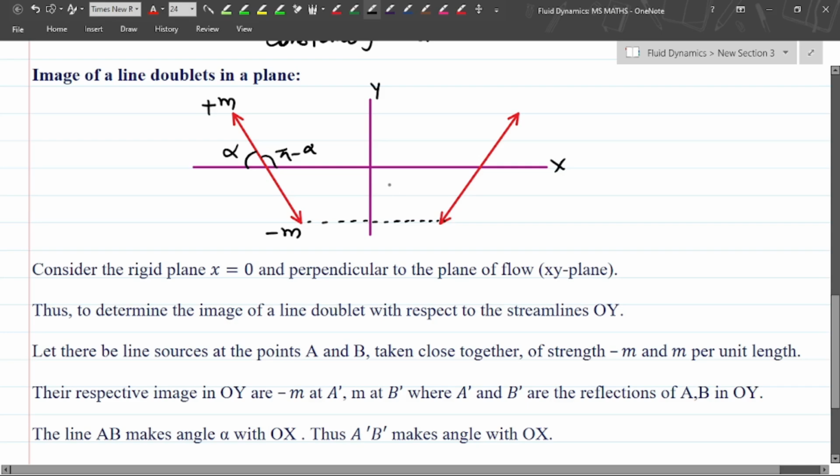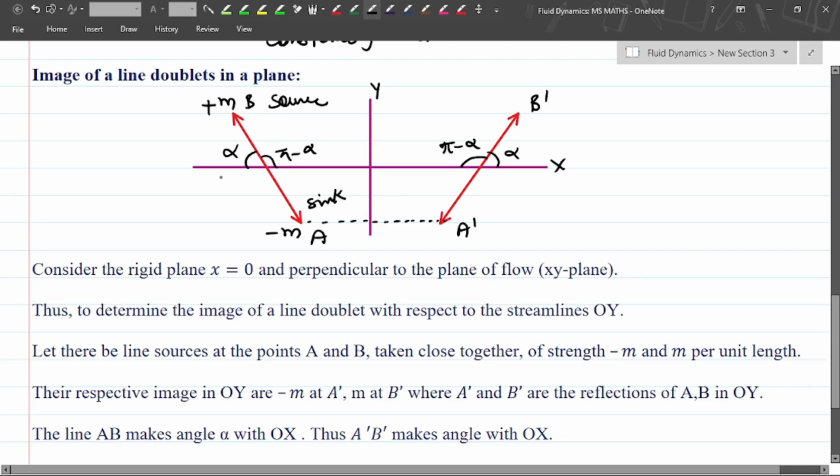The angle is the same according to the reflection law, and this is also pi minus alpha. This is my A and B, and this is A dash and B dash. This is the source and this is the sink.